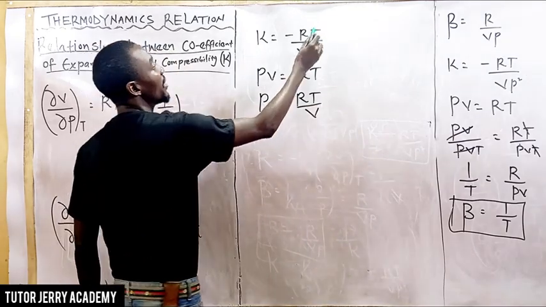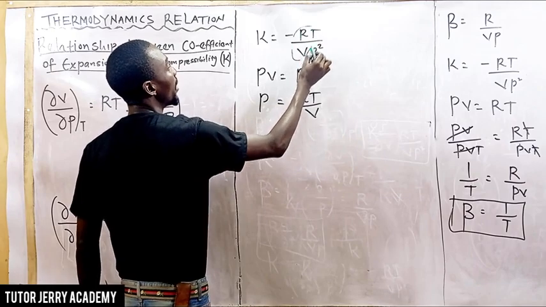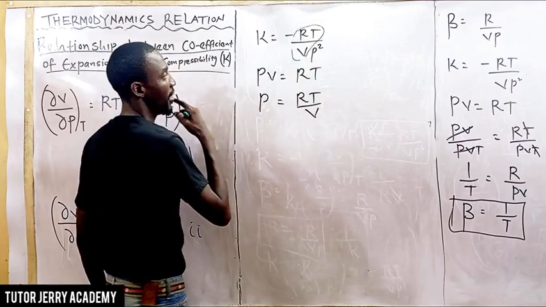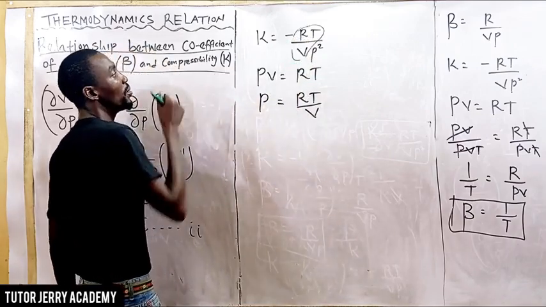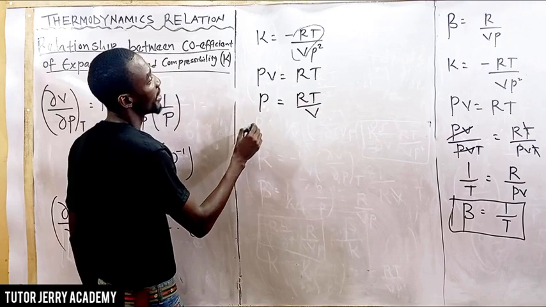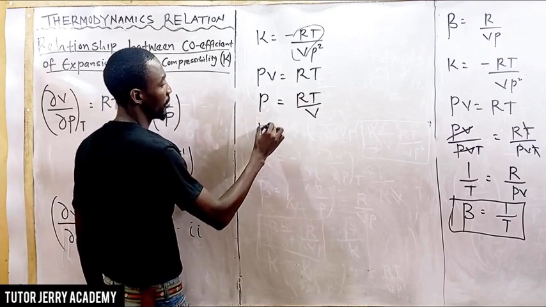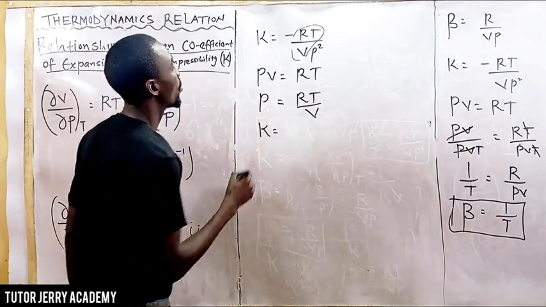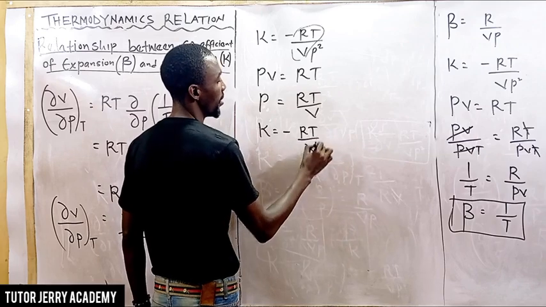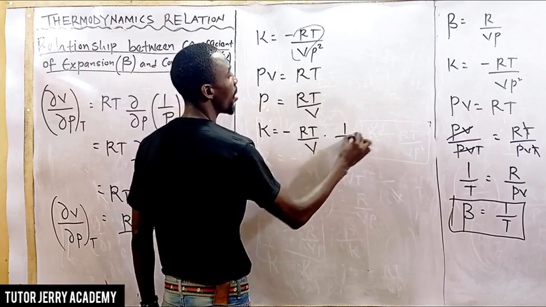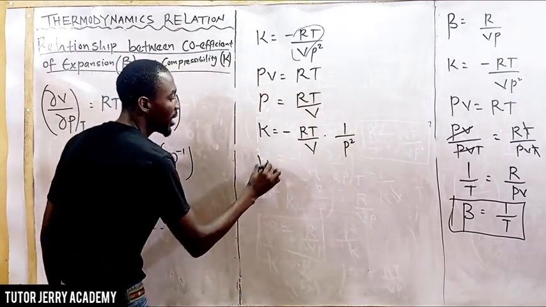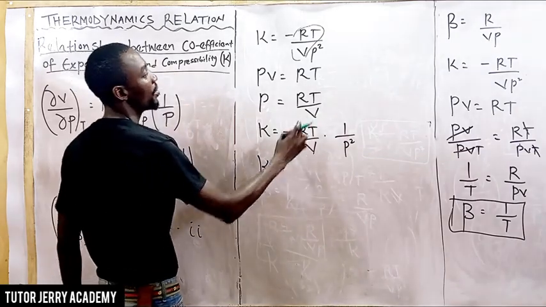Now, since I am having RT over V here, I can replace this RT over V with P. Which means that K will be equal to minus RT over V all over P multiplied by 1 all over P squared.